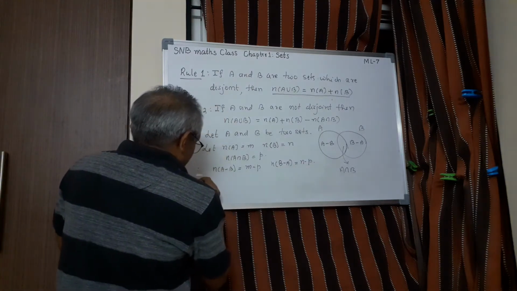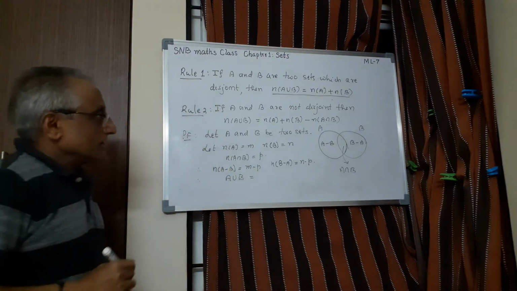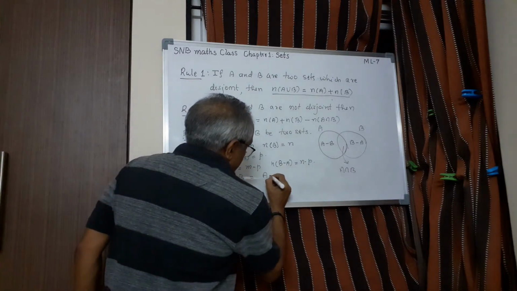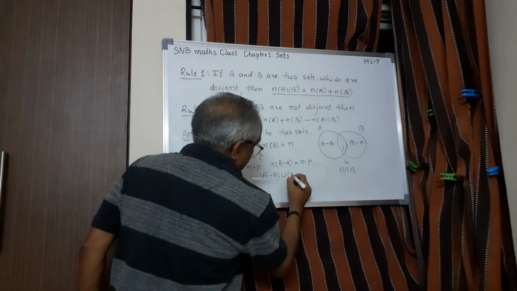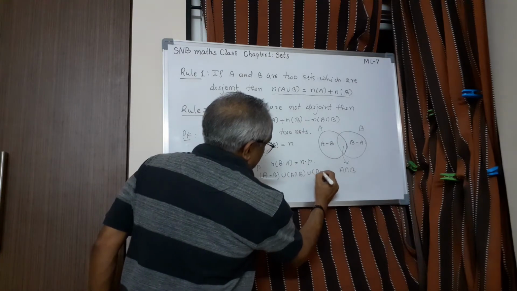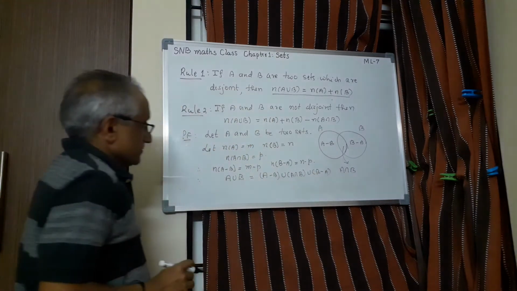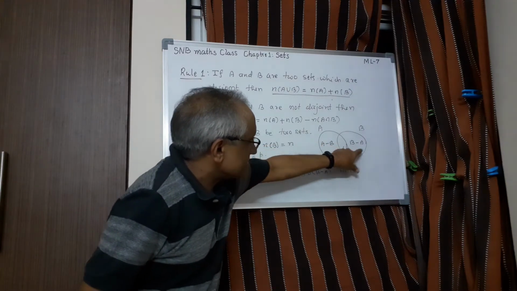A union B equals A minus B, which we have already shown, union A intersection B, union B minus A. So A union B equals this region, this region and this region.